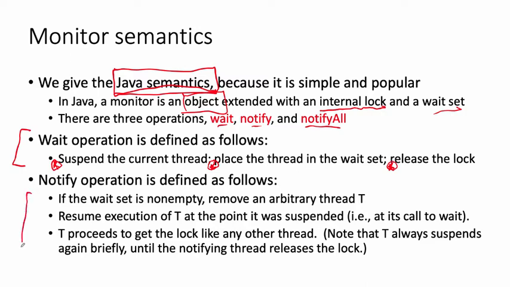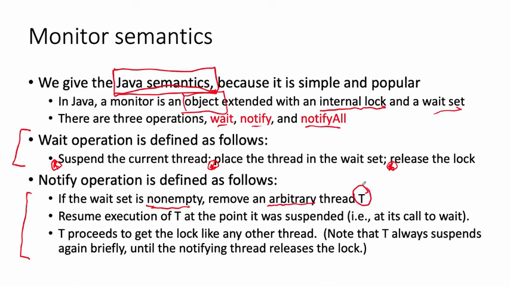So the notify has exactly the following semantics. It only does something if the wait set is non-empty. If the wait set is empty, it is a no operation. It does nothing. If the wait set is non-empty, it removes a thread, but an arbitrary thread. So it picks a thread. Which thread? Well, that depends on other things.